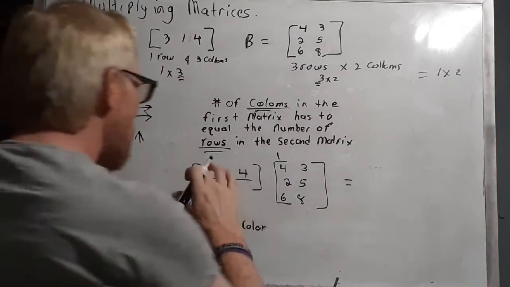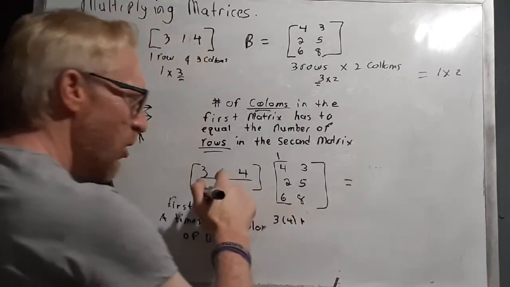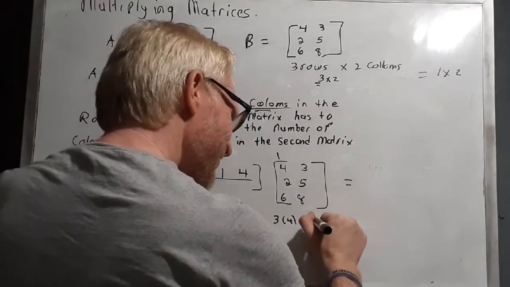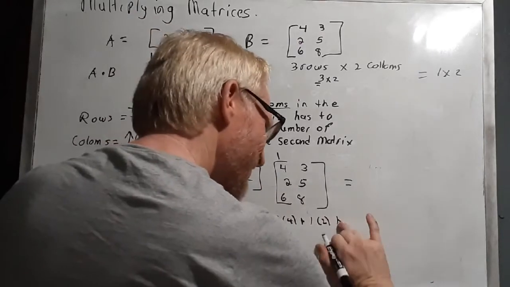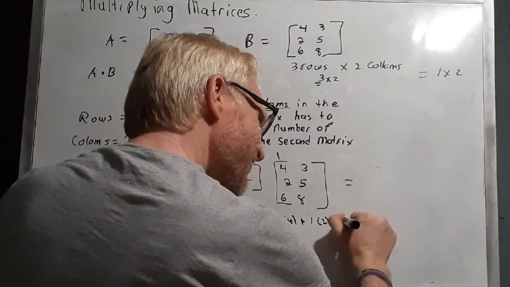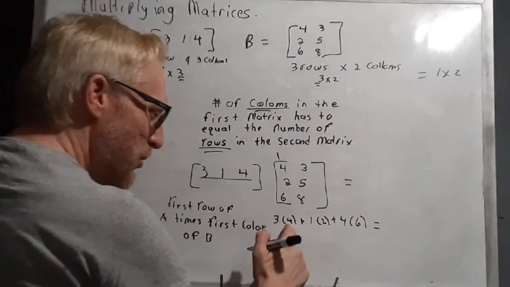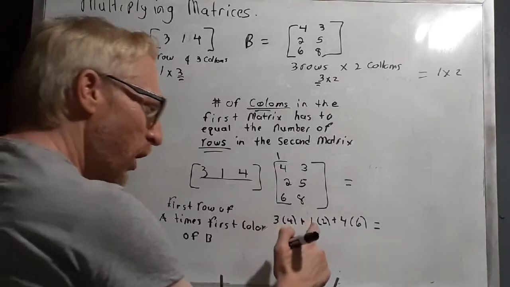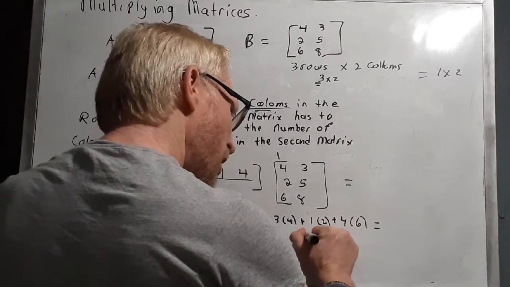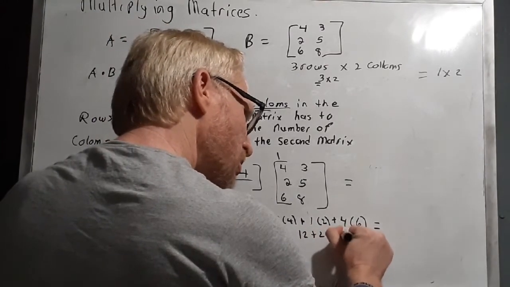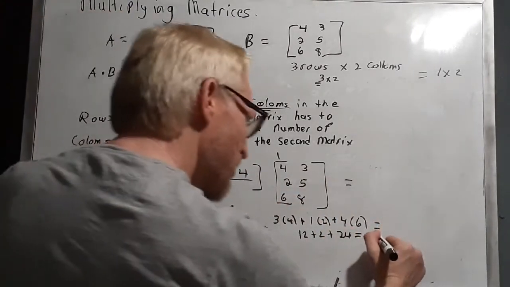So you're going to multiply 3 times 4 plus 1 times 2 plus 4 times 6. 3 times 4 is 12. 1 times 2 is 2. And 4 times 6 is 24. So that's 12 plus 2 plus 24. 12 plus 2 is 14, and 14 plus 24 is 38.